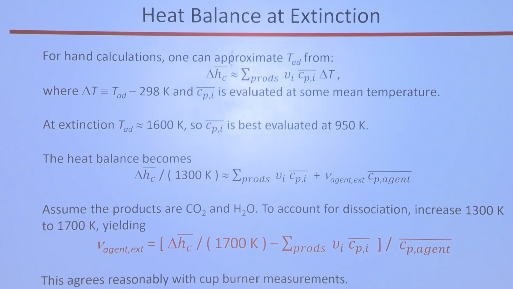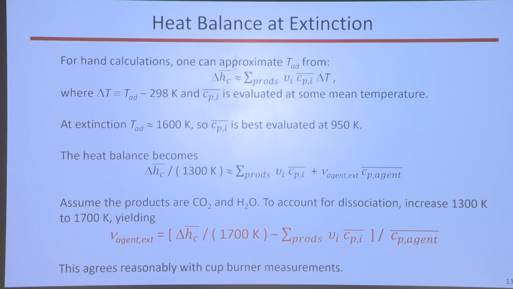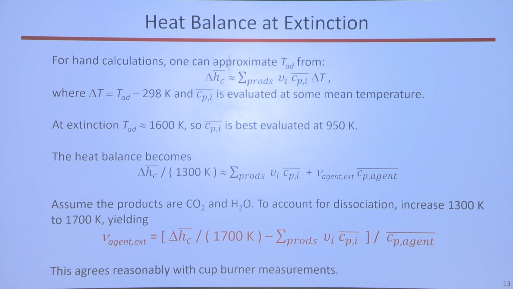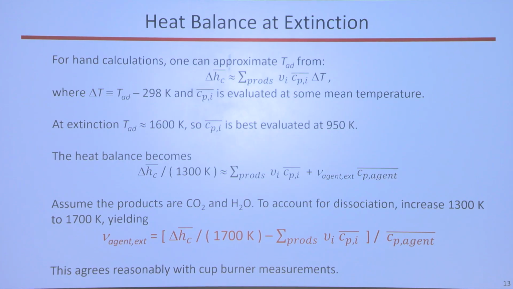So here, instead of using Cantera and doing the full integrals, we say the heat of combustion balances with the sensible enthalpy, and that's the summation over the products of stoichiometric coefficient times their specific heat, times the temperature increase. The temperature increase is the adiabatic flame temperature minus 298, and the specific heats, you can look these up in a heat transfer book, are evaluated at some mean temperature.